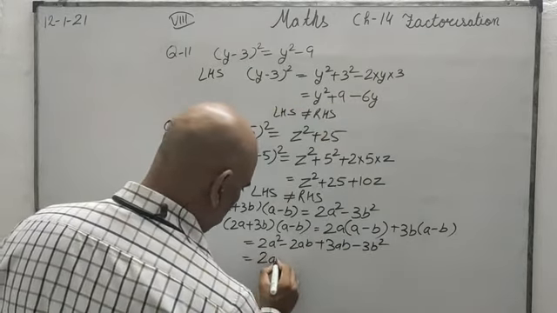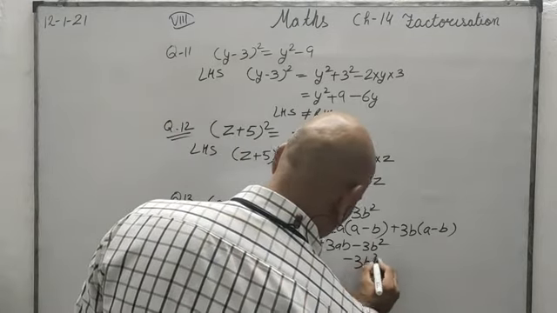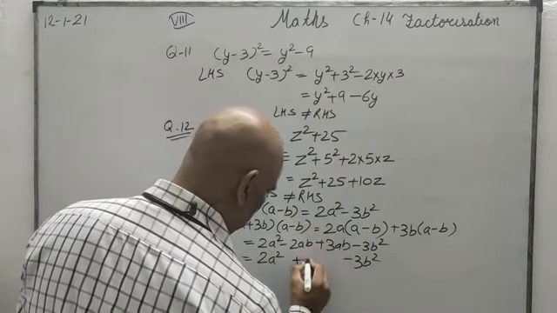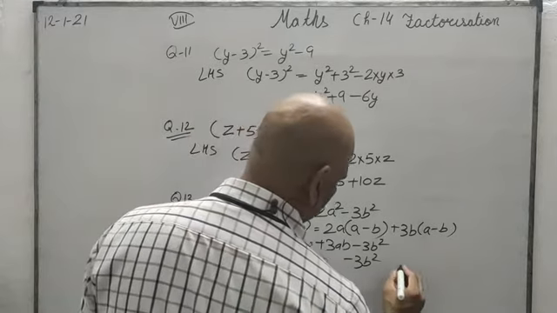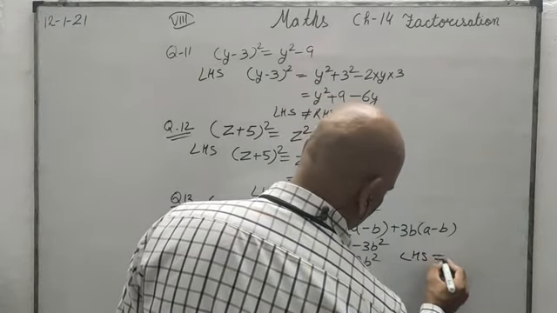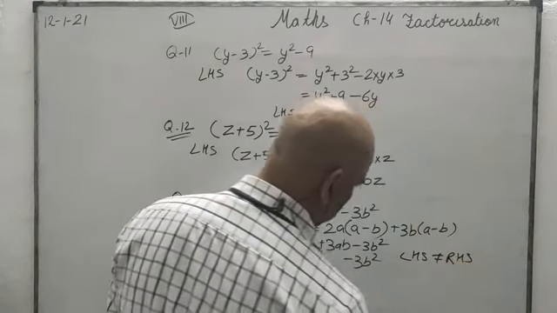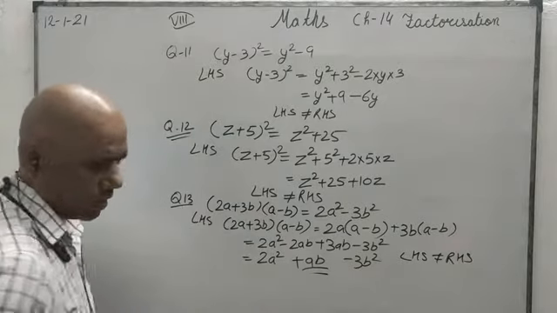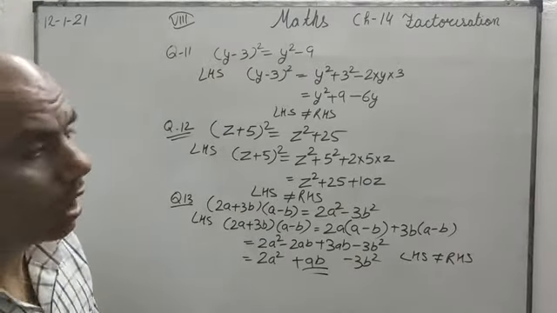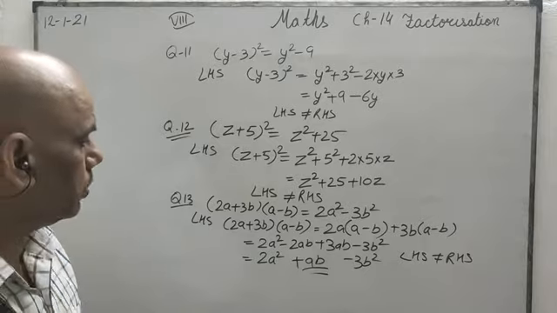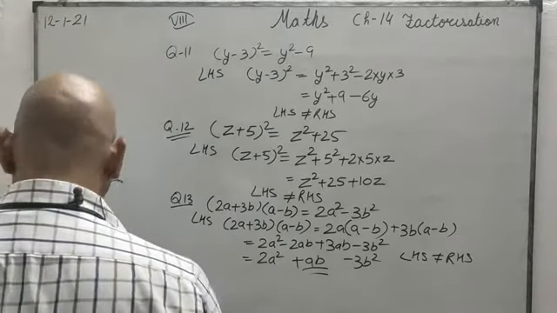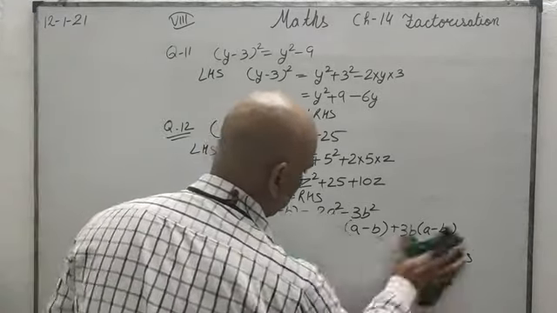So 2a square and minus 3b square will come, but plus ab will also come. So LHS is not equal to RHS in this question. And the mistake is this. Plus ab will come. I'm very sure it is clear to you. Then question number 14.